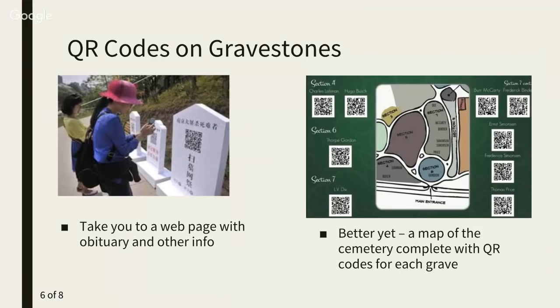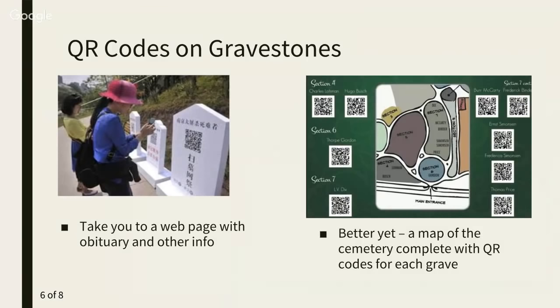Then they started putting pictures on those, and now they put a QR code on it, and you can see all kinds of information. And the guides to the cemeteries a lot of times have QR codes on those, either to guide you to the site of the gravestone or to give you some information about the person that you're standing on there. So yeah.